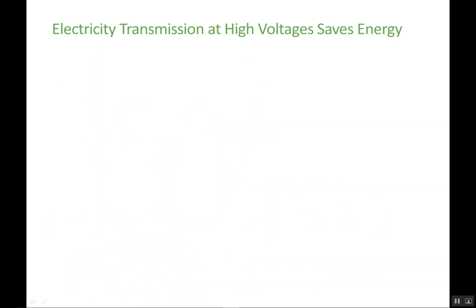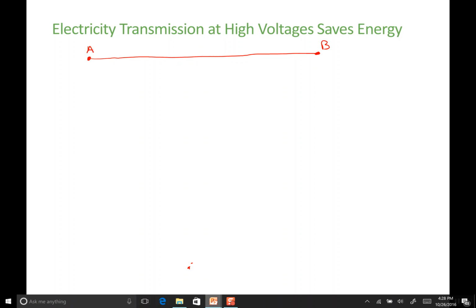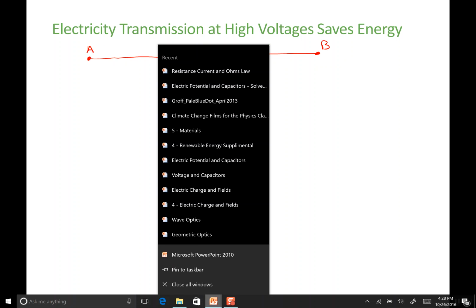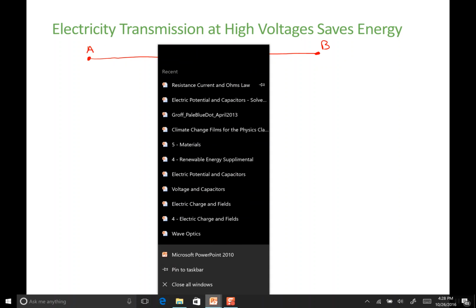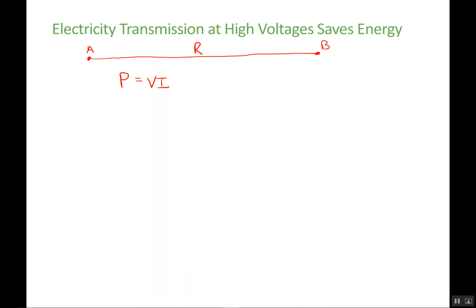Let's end by thinking about a practical application. Let's say you have a long distance transmission line and you want to transmit electric power from one place, A, to some other place, B. We know that this wire, this transmission line, because it's made of a conductor, has a resistance, and that resistance is proportional to how thick the wire is, the cross-sectional area.